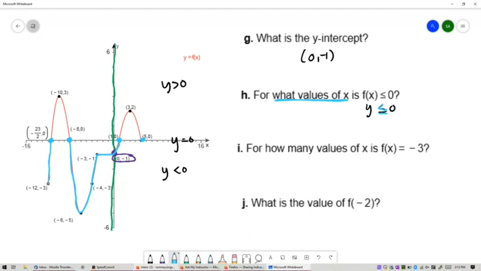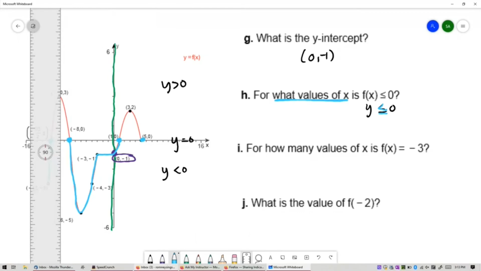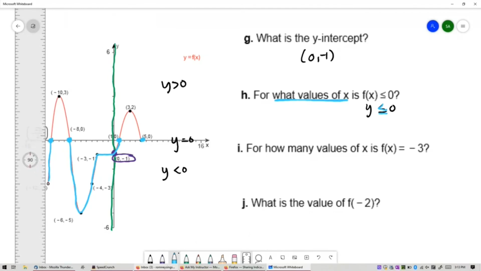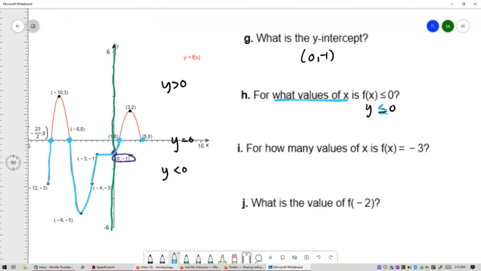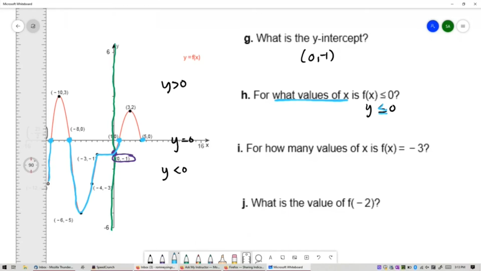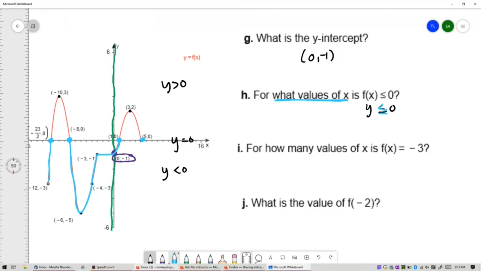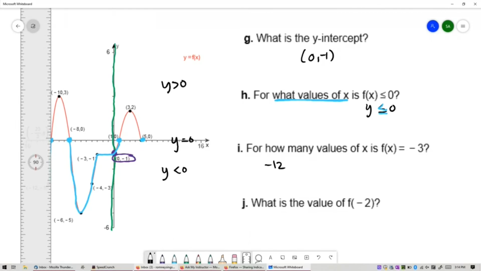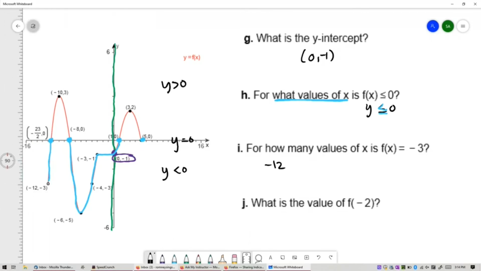So I can use my ruler again and think about when each one of these group of points start and stop. So this starts here with an x of -12, and that group of points stops at an x of -23/2. We do want to pay attention to whether we're including the endpoints or not.